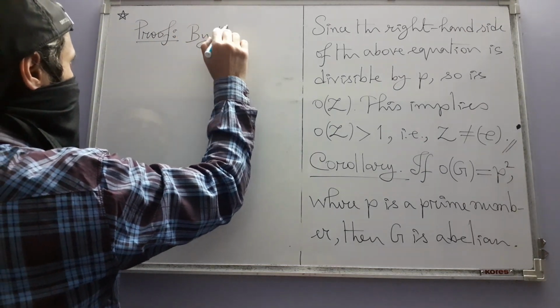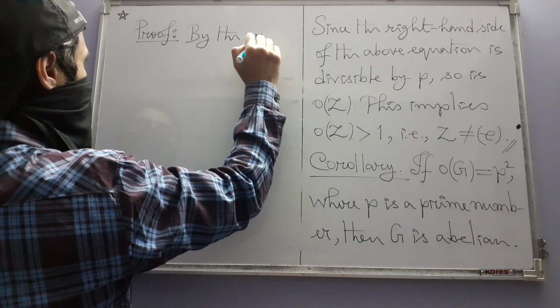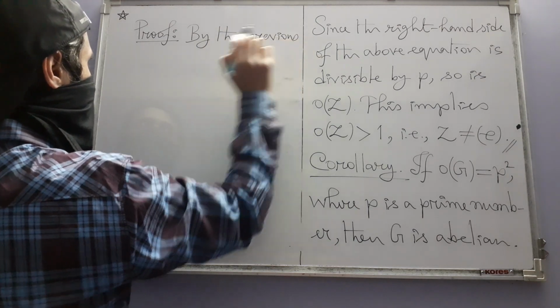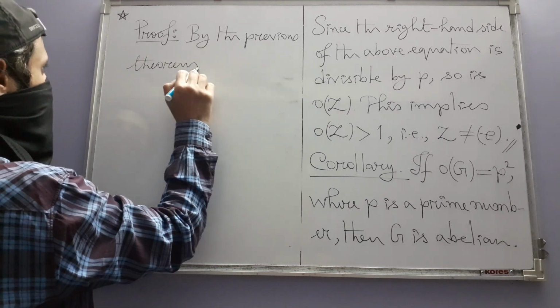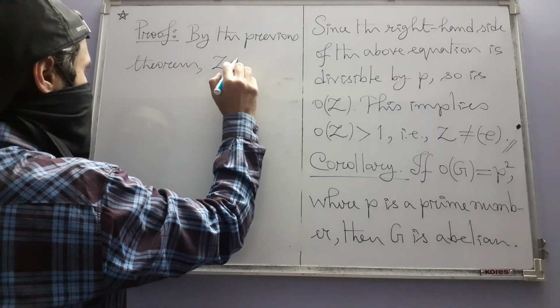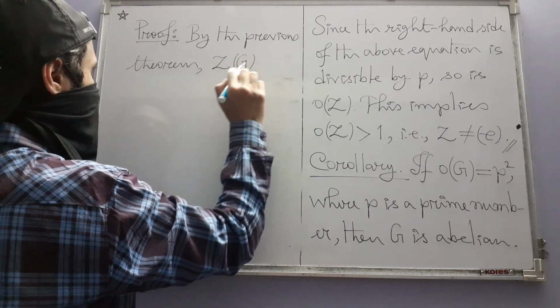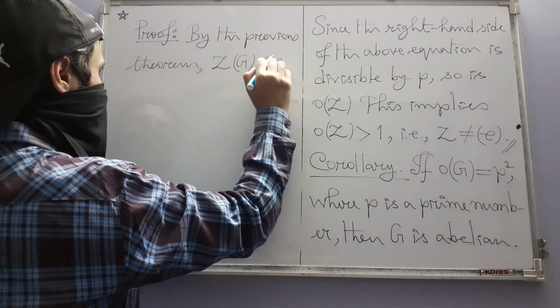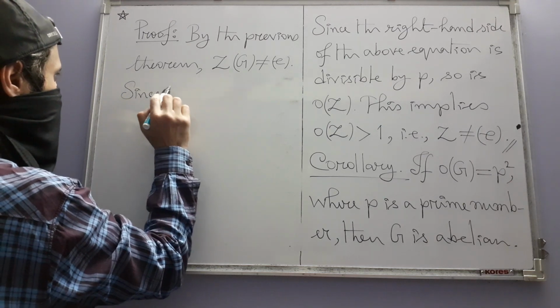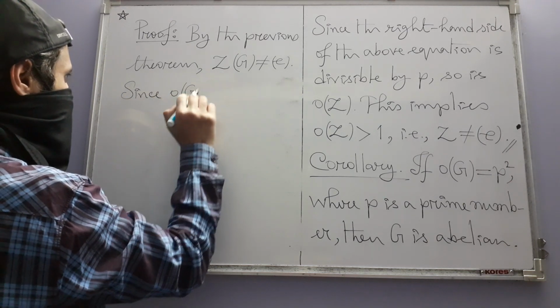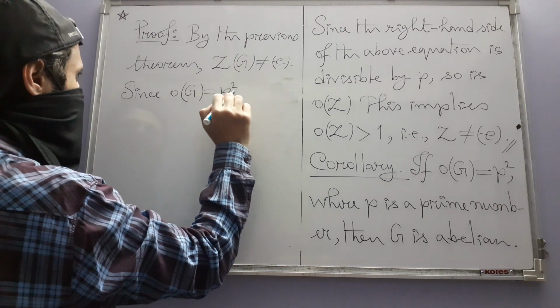By the previous theorem, the center of G is non-trivial since G has order p square.